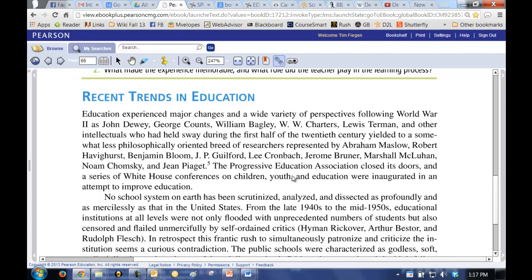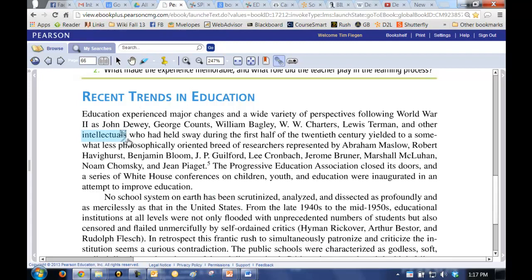And recent trends. Education experienced a major change in a wide variety of perspectives following World War II. John Dewey, George Counts, Will Bagley, Terman, Charters, other intellectuals, look at that word. That's how they separate them into intellectuals.